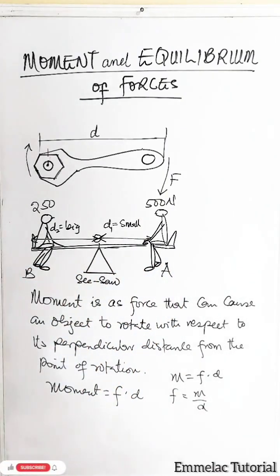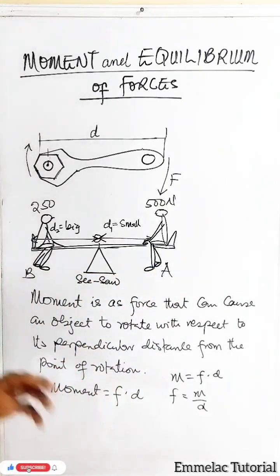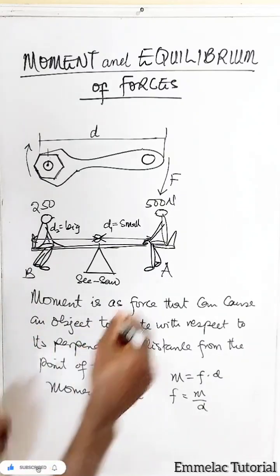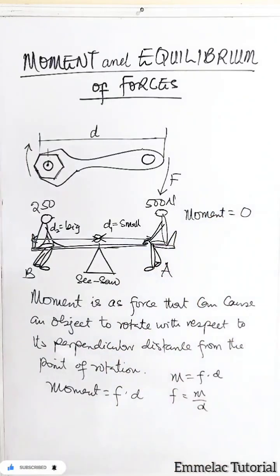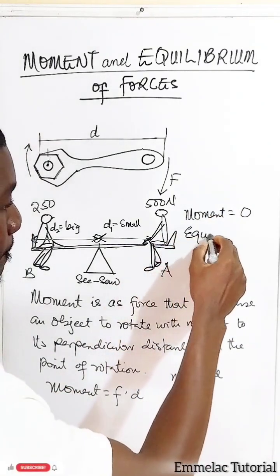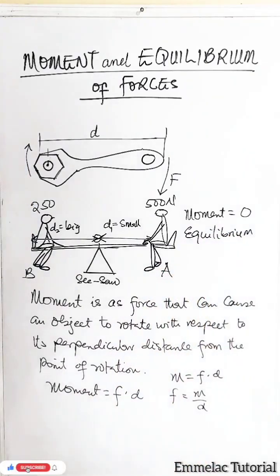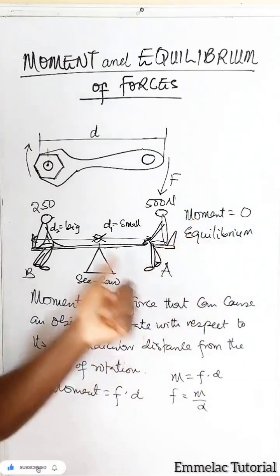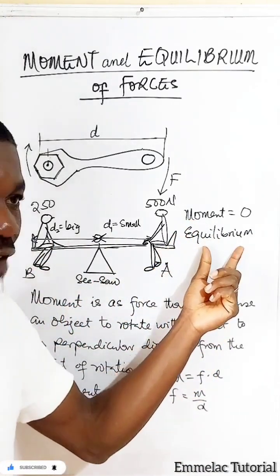So there we have what we call equilibrium. Which means at a point where moment equals 0, there we have what? Equilibrium. Okay, so at the point where moment of a system is 0, then there we have what?